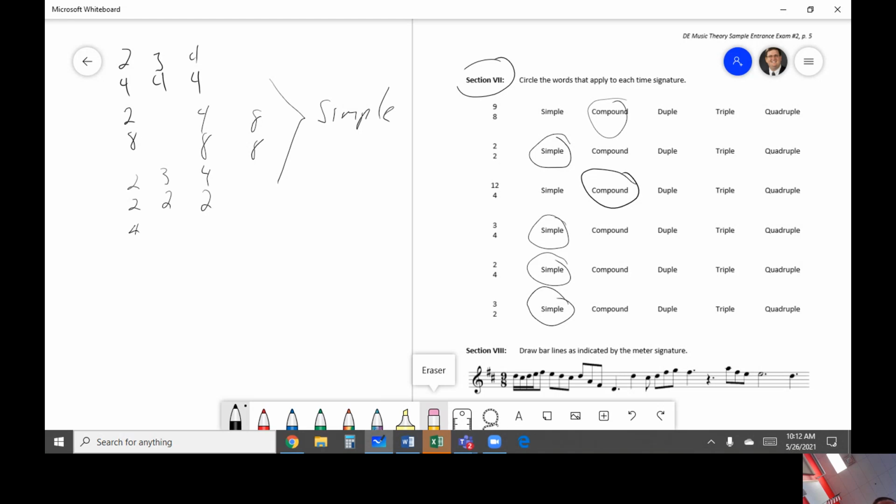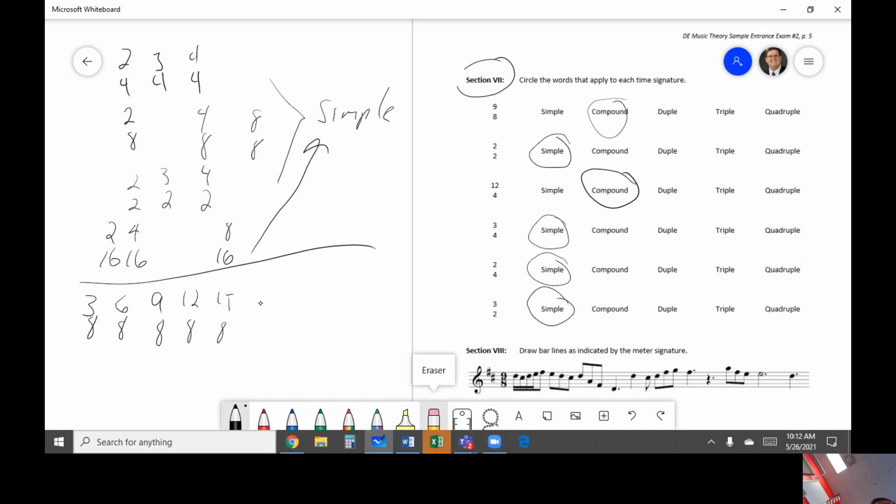What if we were to have 4-16, 2-16, 8-16? That also would be simple. If we were to have 3-8, 6-8, 9-8, 12-8, 15-8, anything where that top number is divisible by 3 over an 8, 3-16, 6-16, 9-16, 12-16, 15-16, all of those are going to be compound.